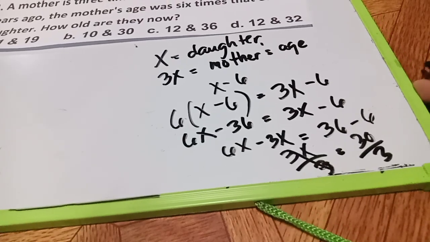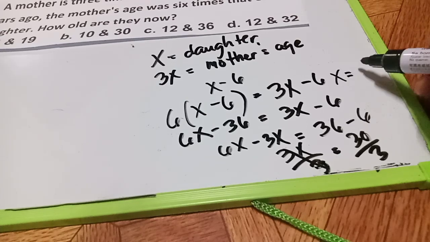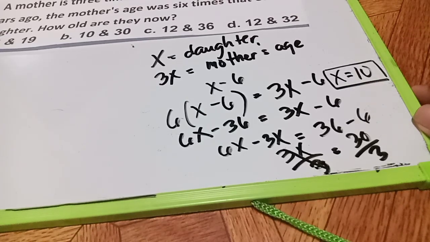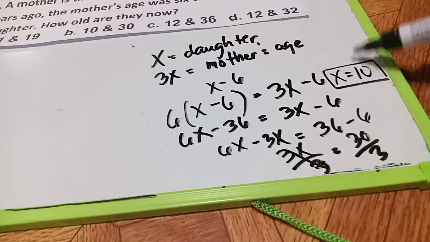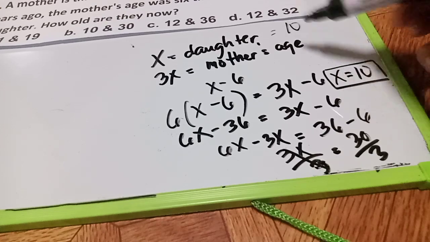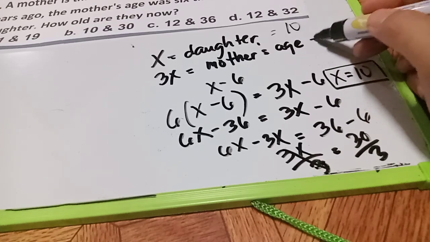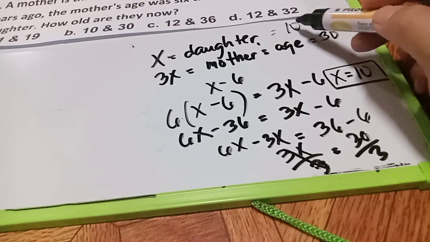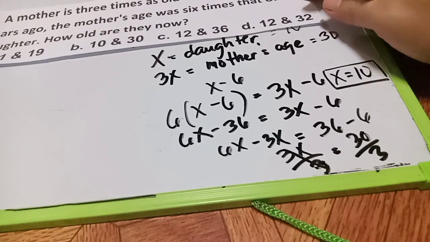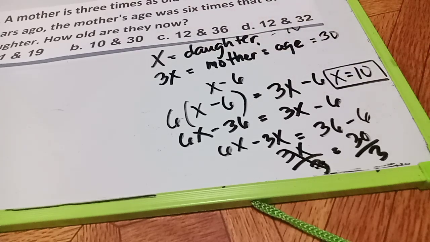Automatically, x will become 10. So automatically, the age of the daughter, x, is 10, and then 3 times 10 will become 30. So the ages of mother and daughter are 30 and 10. The best answer is letter B. So that will be the age problem.